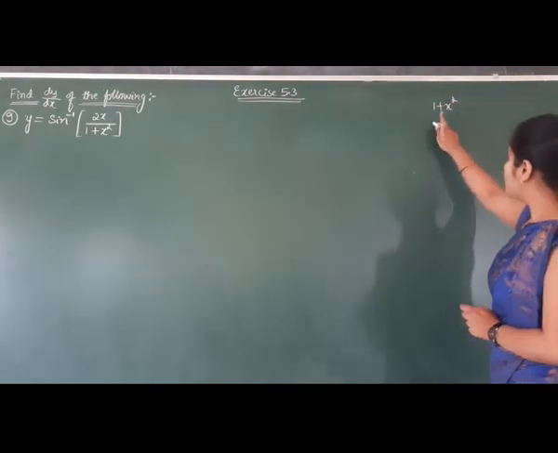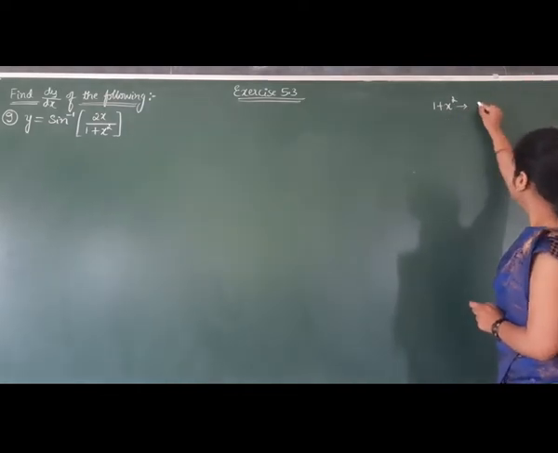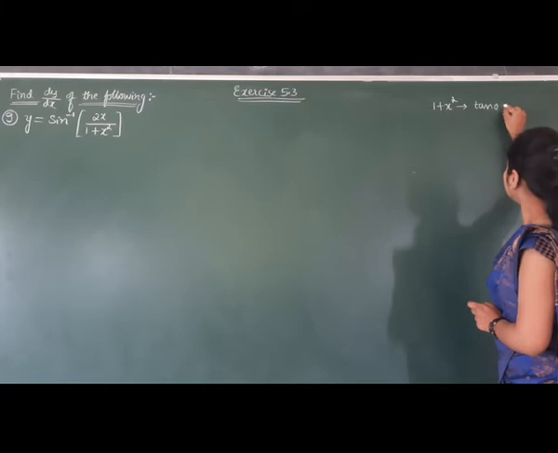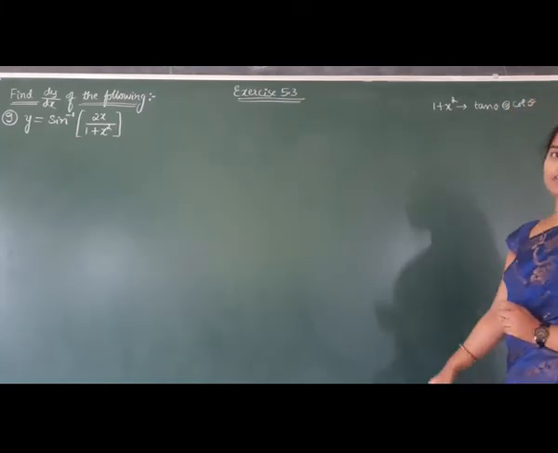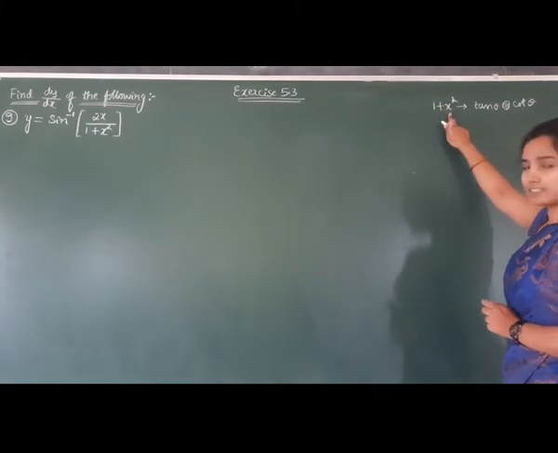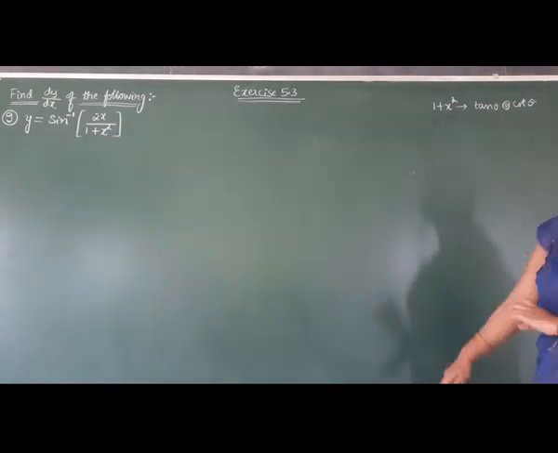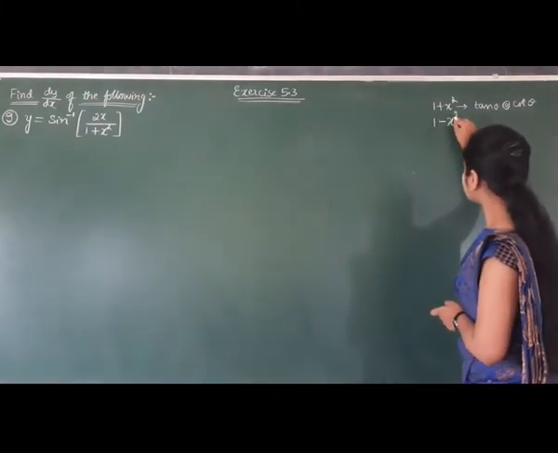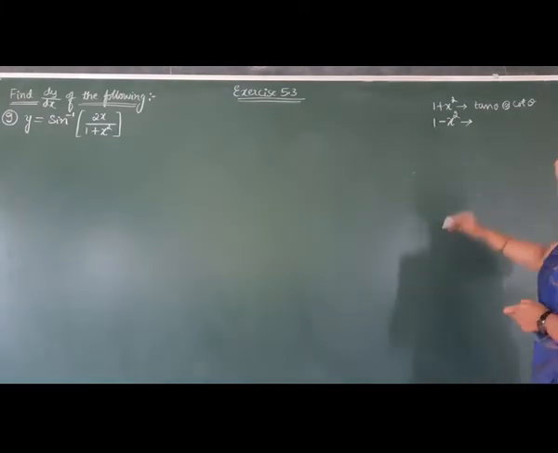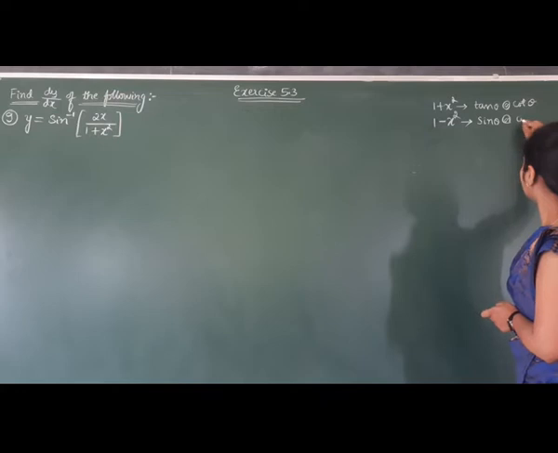If an equation contains 1 plus x square, then we substitute either tan theta or cot theta. Okay? If an equation contains 1 minus x square, then we substitute either sin theta or cos theta.